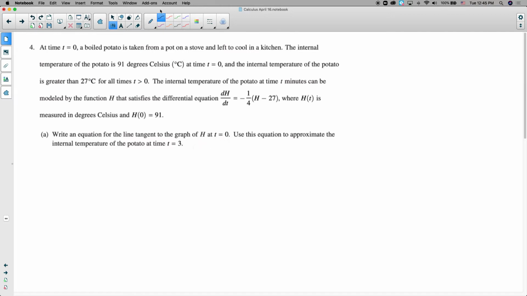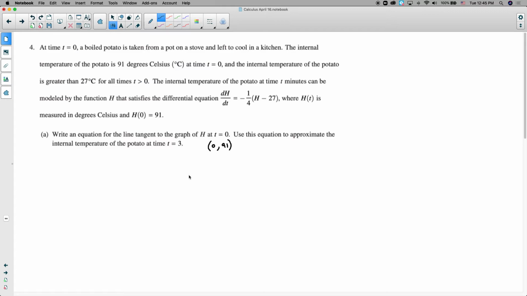If you're asked to find the equation of a line, you need to know its slope, and we do have a slope calculator, and you need to know one point on it. And we have a point because they gave us this initial value that at 0 the temperature is 91 degrees.